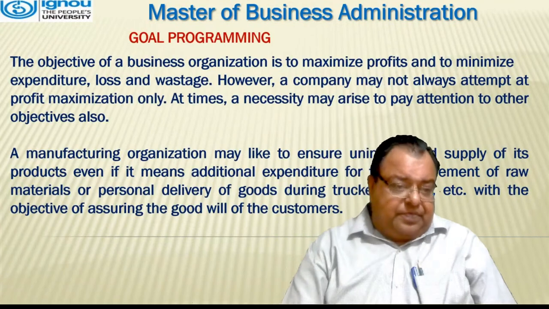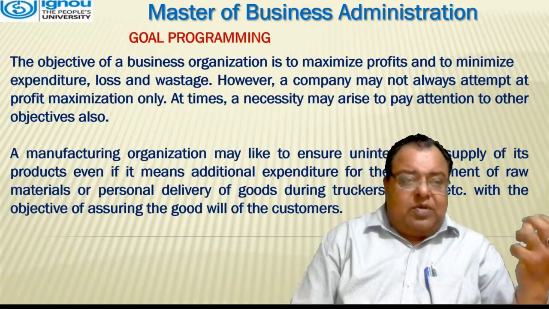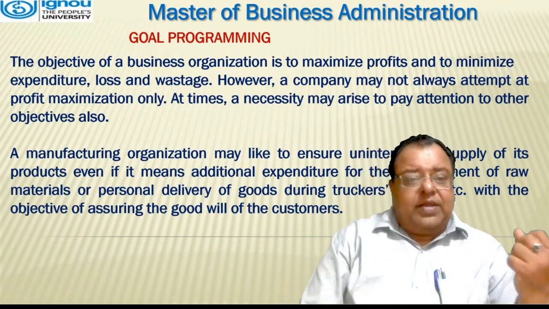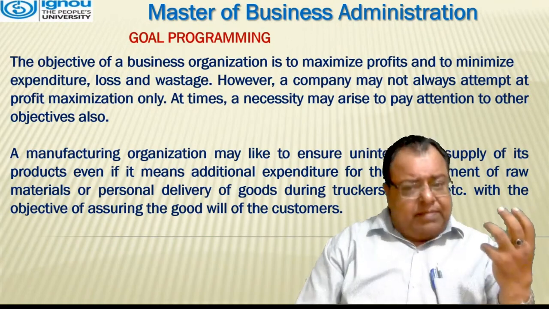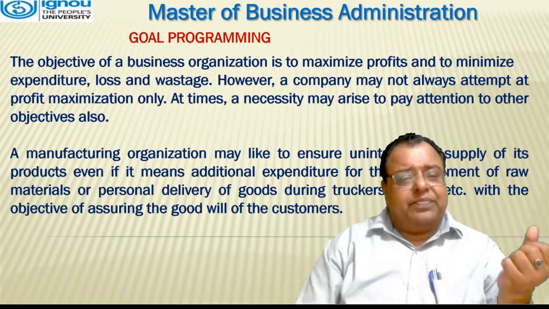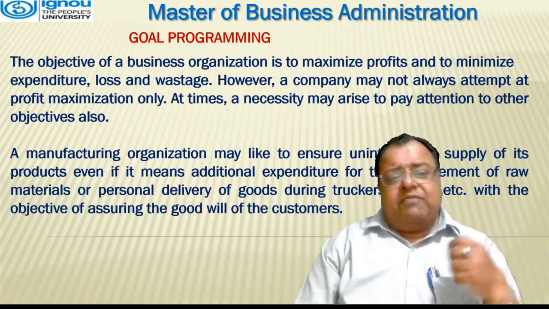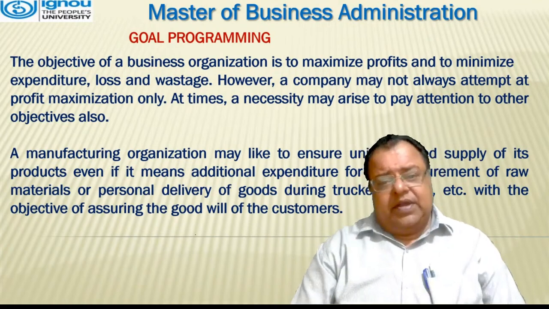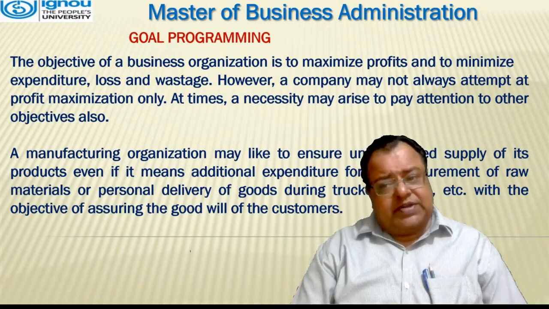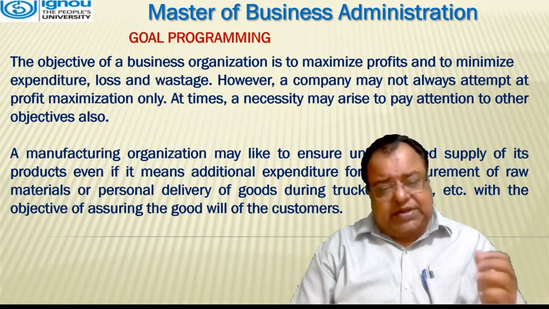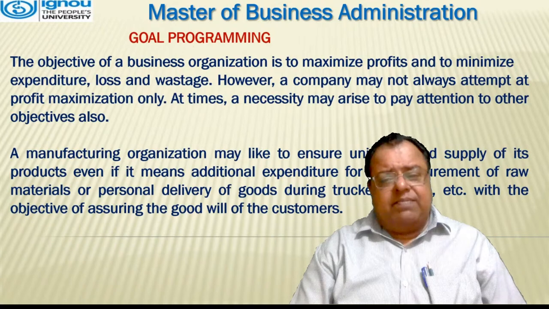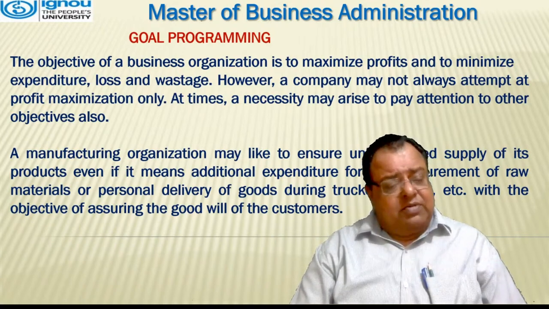Now, moving to goal programming. It is another method of solving linear programming. The objective of a business organization is to maximize profits and to minimize expenditure, loss, and wastage. However, a company may not always attempt profit maximization.